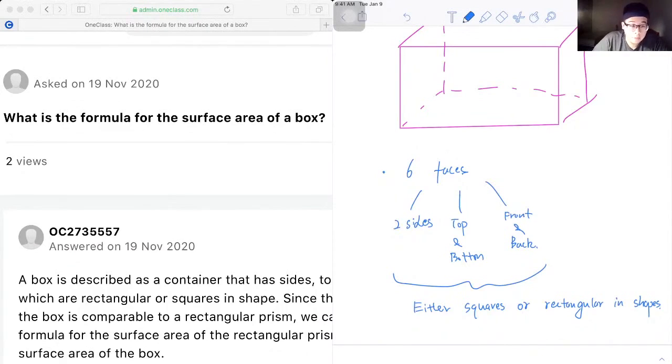So since the shape of the box is comparable to a rectangular prism, we can use the formula for the surface area of the rectangular prism to get the surface area of the box.